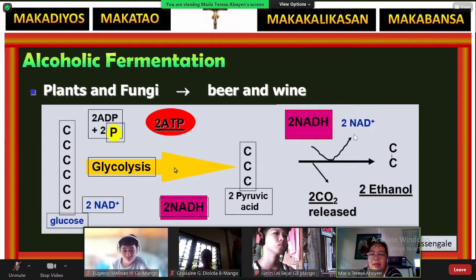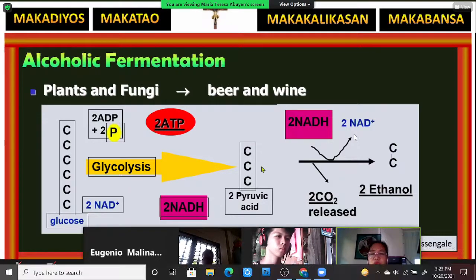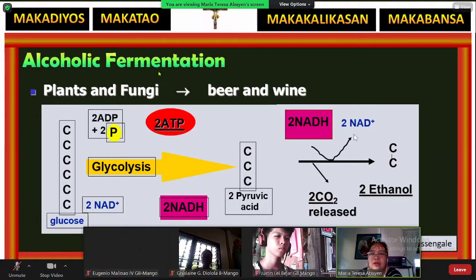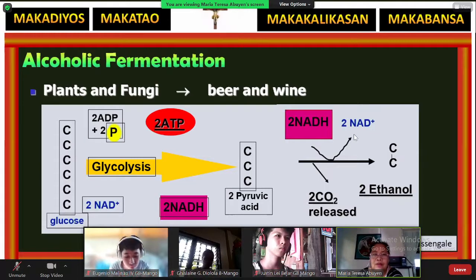Right? You'll remember, from G3P to pyruvate. Okay, now, when oxygen is not available inside the cell, glycolysis will proceed to alcoholic fermentation in plants and fungi.